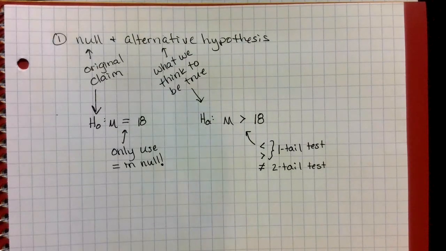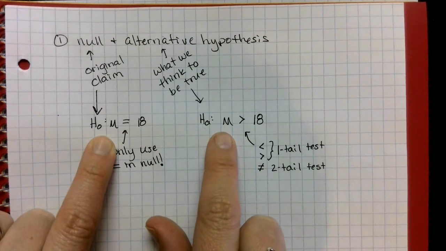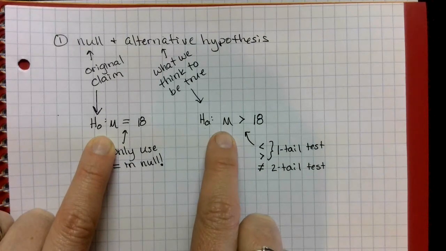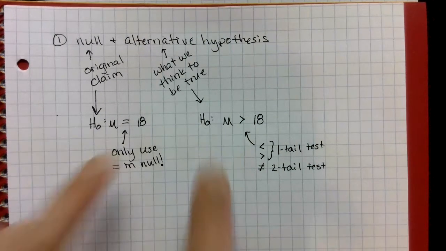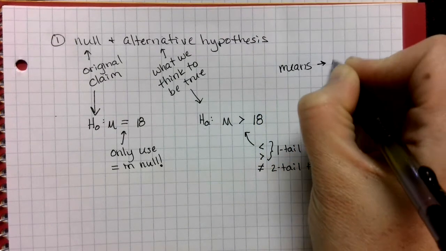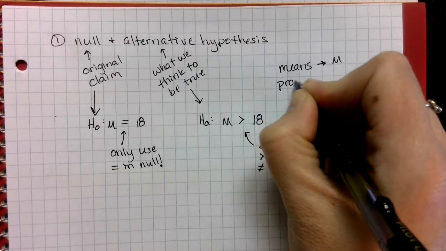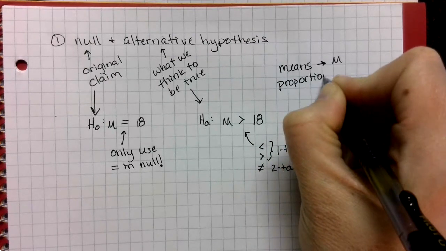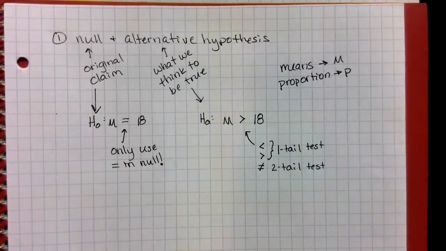Okay, so the first step is setting up your null and alternative hypothesis. And this kind of helps you set up what your test is going to look like. You're determining now, are we doing a test for means or proportions? If it's means, we use mu. So test of means, we use mu. Test of proportion, we use a lowercase p.